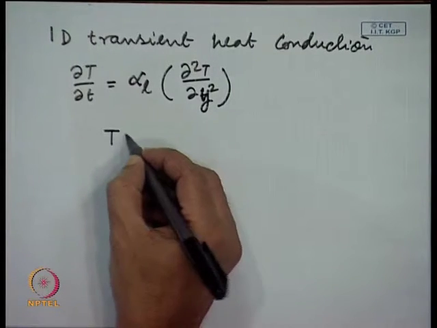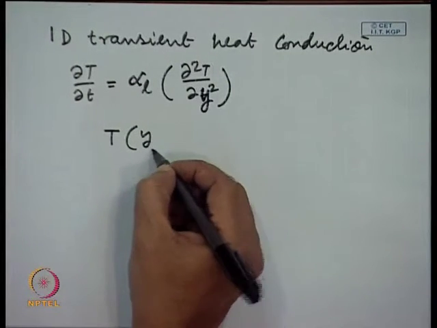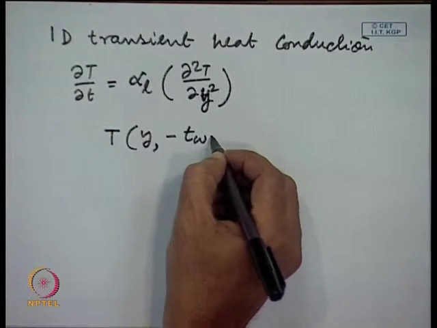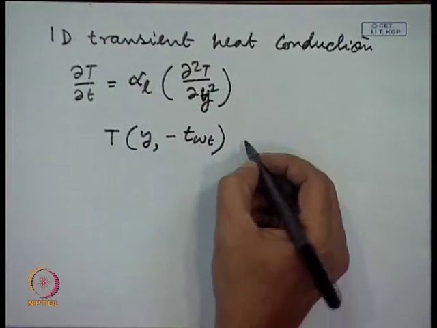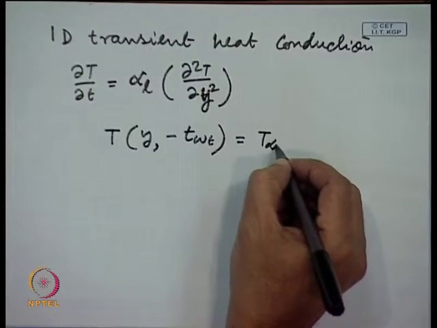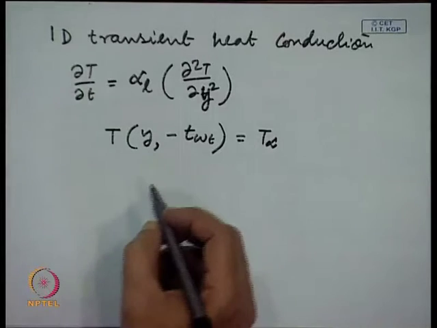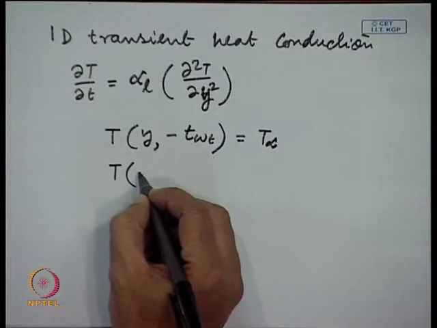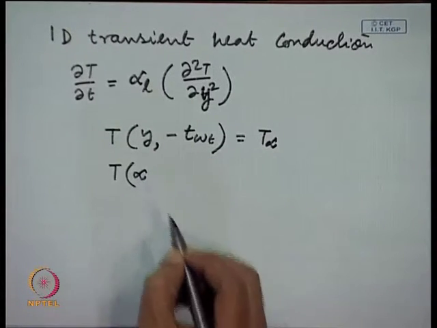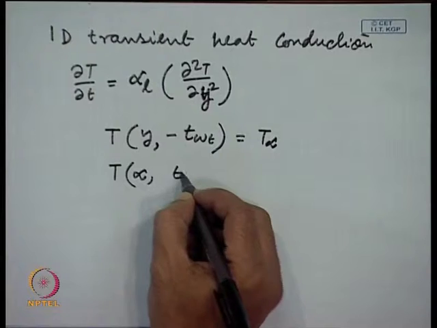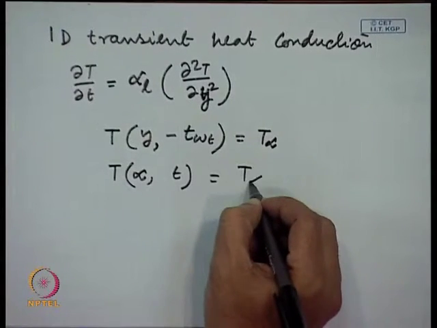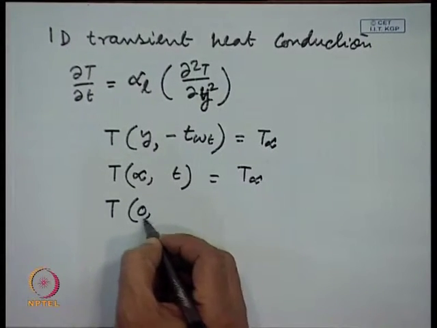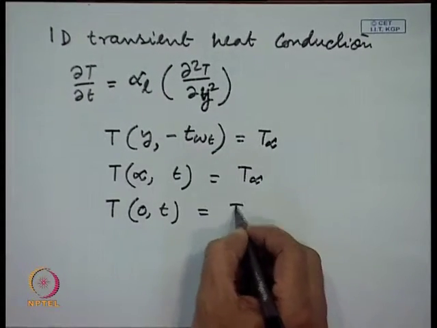So, what we can write is that T(y, 0), this is actually time, is equal to T infinity. And T at infinity, that means beyond your thermal boundary layer at any time, this is also T infinity, and T at the wall at any time, that is T wall.